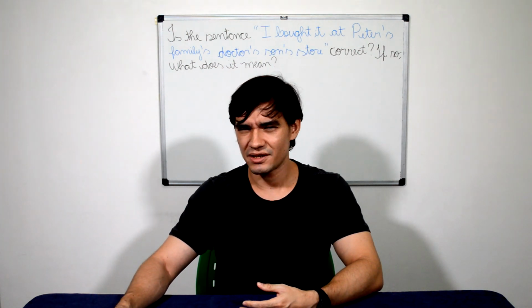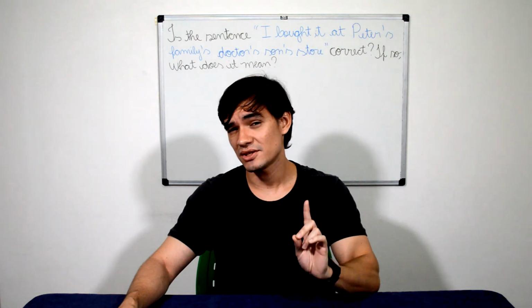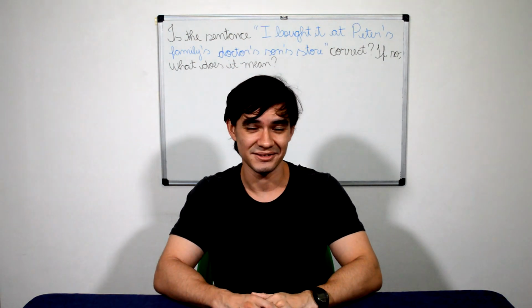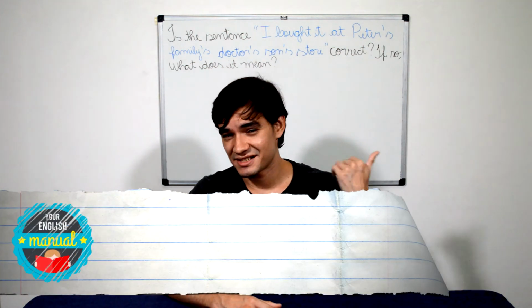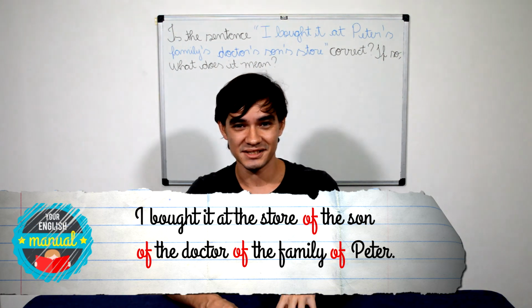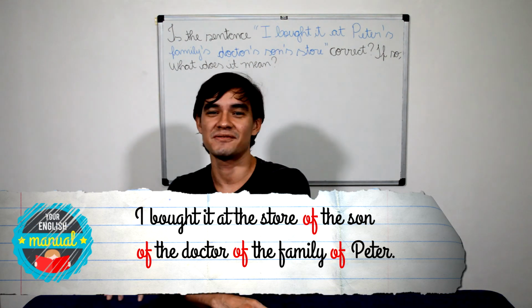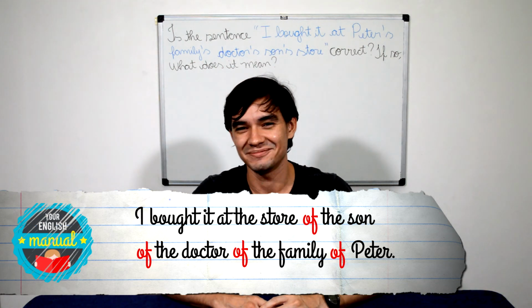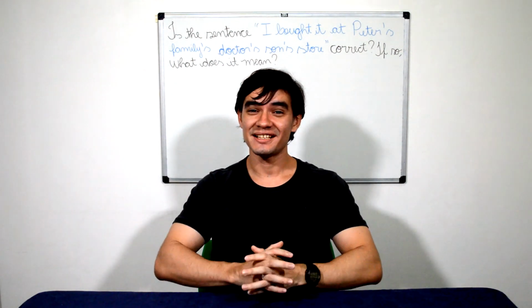It gets pretty confusing to understand, especially in a spoken conversation, so it's best to avoid it, okay? But well, this sentence means I bought it at the store of the son of the doctor of the family of Peter. Cool, huh?